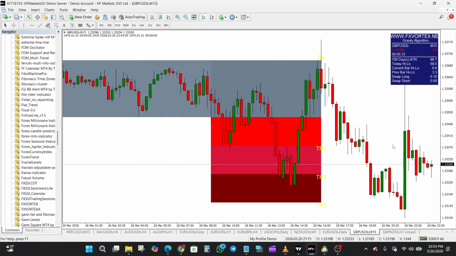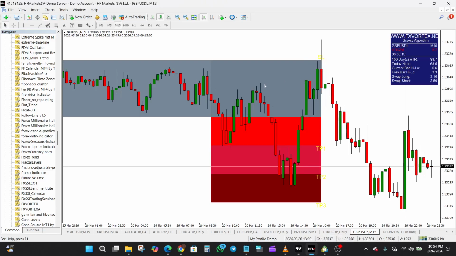So here we go. As you can see, the indicator, or rather the system, predicts potential take profit levels and stop loss levels, right?